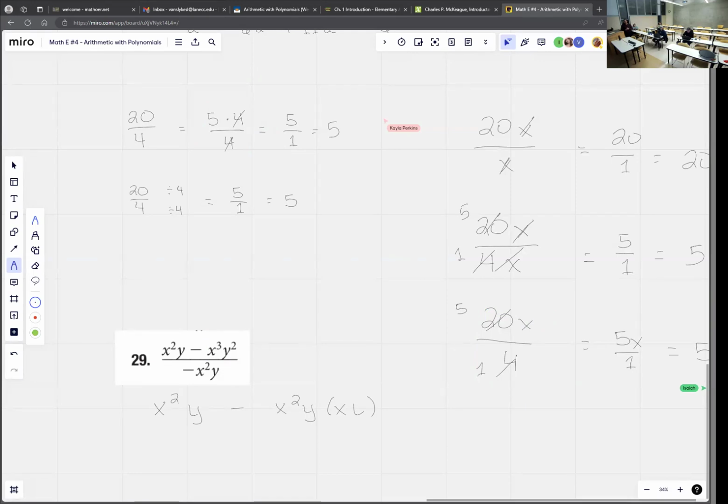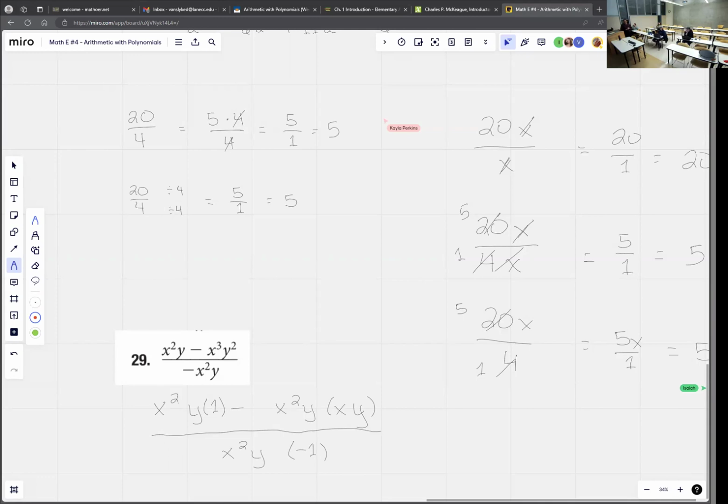And there's another y. Everyone okay with the top? Okay, yeah. And now on the bottom, there's an x squared y. What are we multiplying it by? Just a -1. That's it. And this one, there's a 1 by it. It's just hiding, right? Because anything is itself times 1.